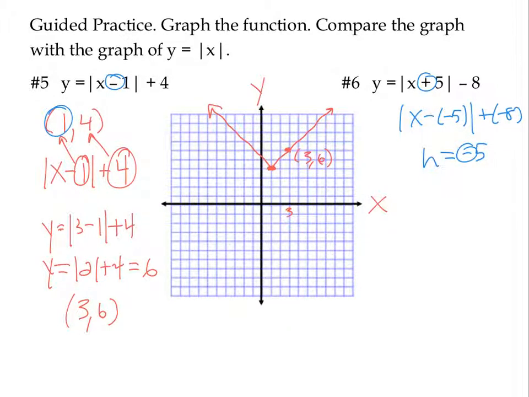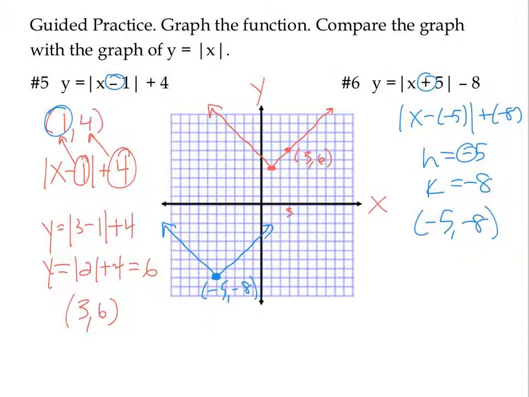So we have negative 5, and then our k value is negative 8. So we have negative 5 comma negative 8 as our vertex. So I go to negative 5, negative 8, right there, and then I draw in my graph with a slope of 1 and negative 1 on each of those arms of the V. Negative 5 comma negative 8.